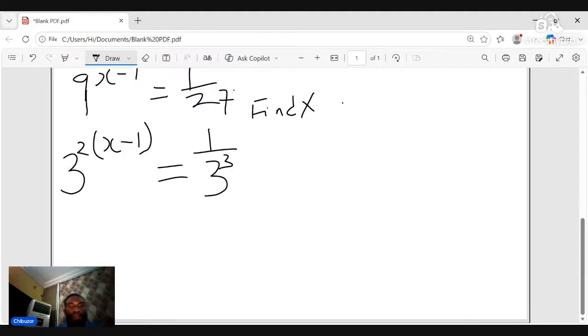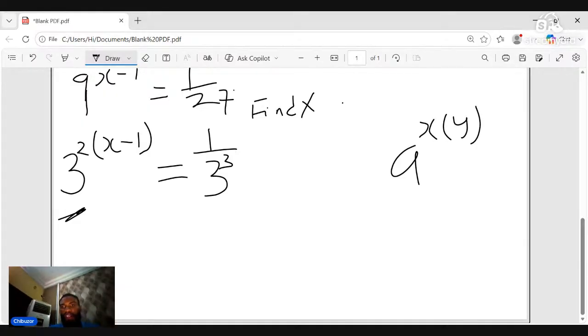So you apply the laws of indices when solving indicial equations. For this part, we know that if we have something like a raised to power x in brackets, raised to power y.